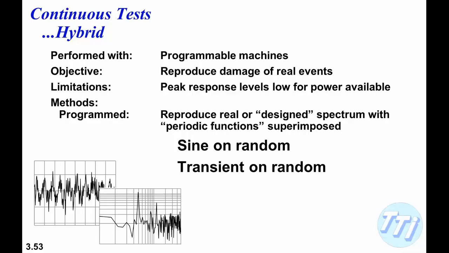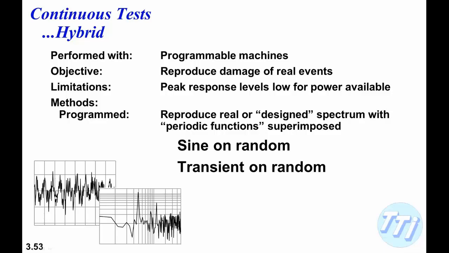They can only be produced with programmable machines, and what we're trying to do is do a real simulation of real events. The peak response levels are low for the power available because it's mostly random. What we're going to do is reproduce real or design spectra with a periodic function superimposed, like sine on random or transient on random.